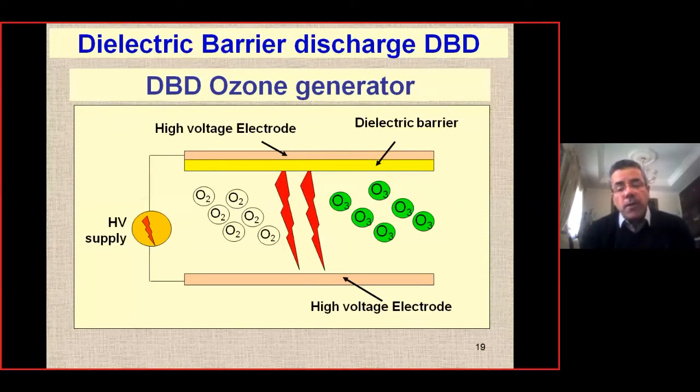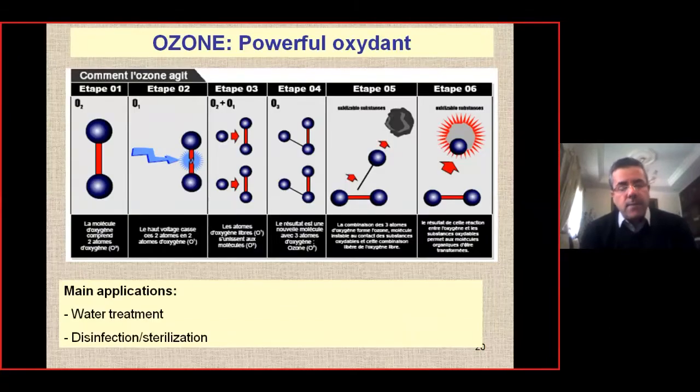Ozone is an unstable gas. The molecule of oxygen is dissociated into two atoms of oxygen. The single atom is coupled with a molecule of oxygen, so it forms a trio of three atoms, that is ozone. The ozone is unstable. When it enters in contact with a bacteria or a virus, it oxidizes it immediately.